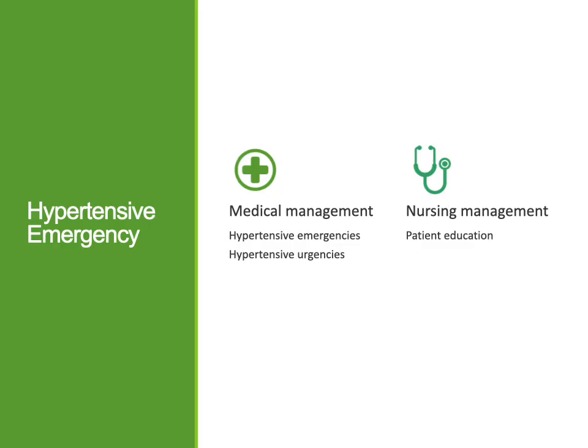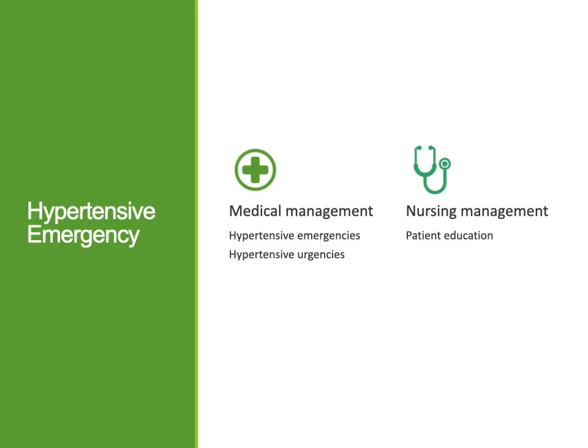We want to make sure that we don't use agents that are going to bottom out the blood pressure as well. So best is to use IV agents such as Nipride, and some beta blockers we can use as well.